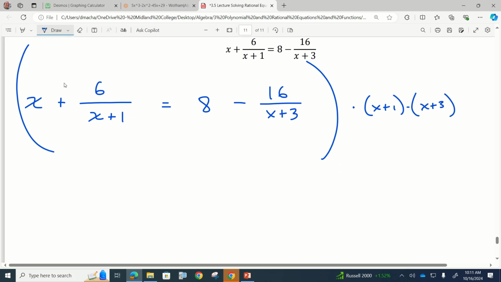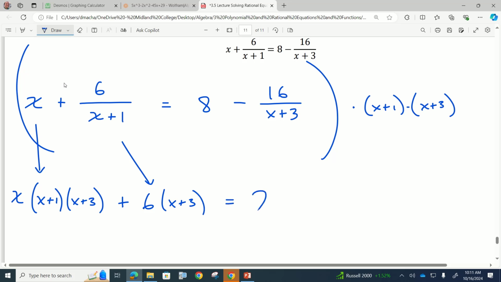And when I multiply, this first term is going to be x times x plus 1 times x plus 3. The second term is going to be 6 times x plus 3. And then this is 8 times x plus 1 times x plus 3.